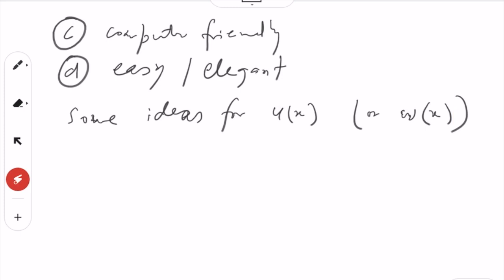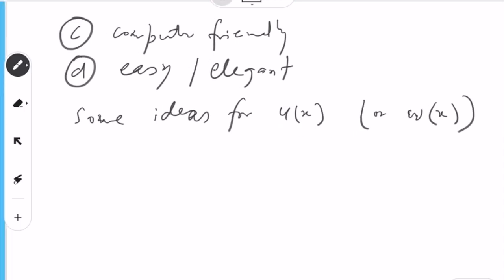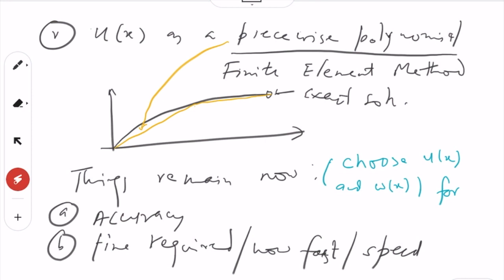For example, wherever u is given, regardless of whether it is 0 or non-zero, w has to be 0 there. That is the only difference, otherwise both are exactly the same. So, some ideas for u(x). One is accuracy.